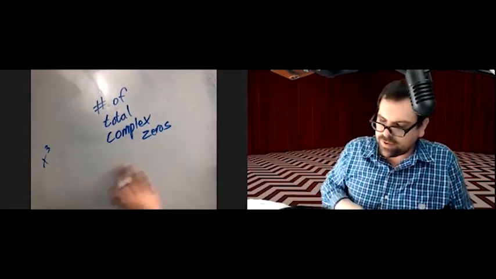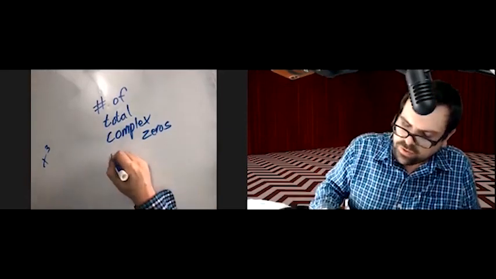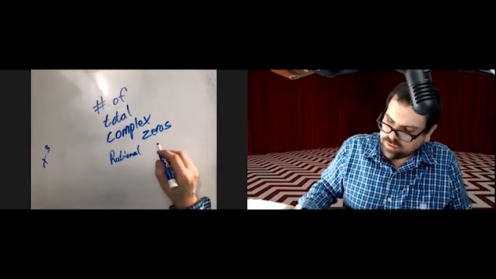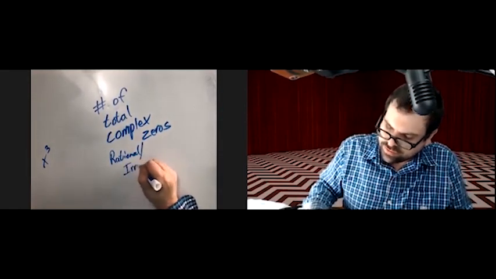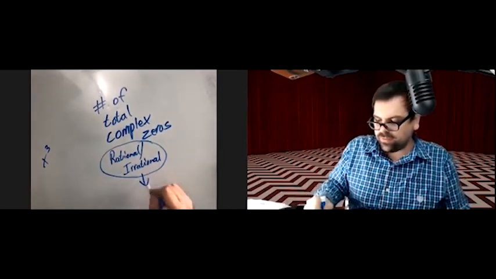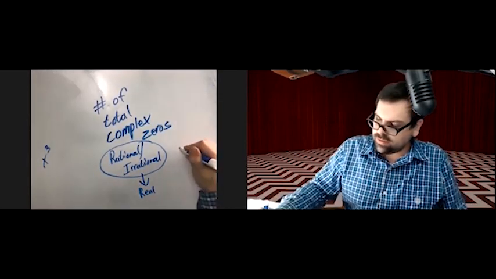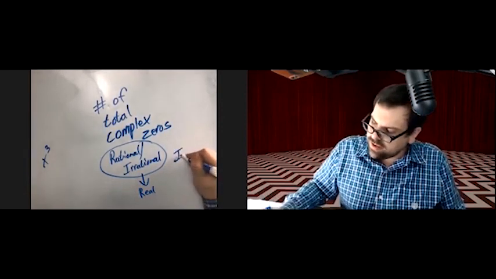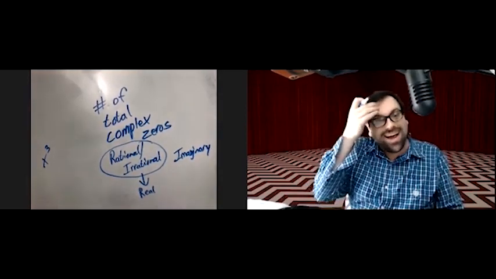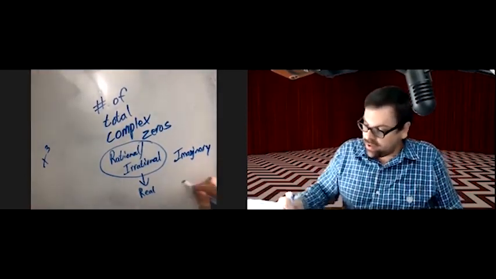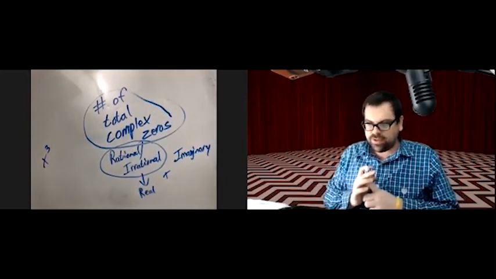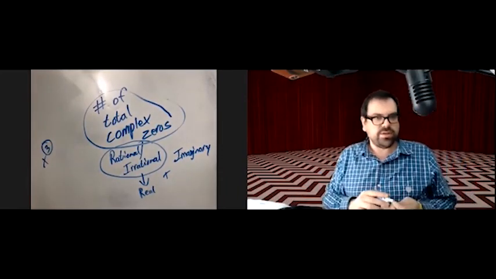And when I say complex zeros, I mean zeros that are both rational and irrational. And if something is rational or irrational, what do we call it? We call it real. But also the imaginary zeros, the zeros that involve i, like we saw earlier. And the number of real plus imaginary is the number of total complex zeros. That is exactly equal to the degree.